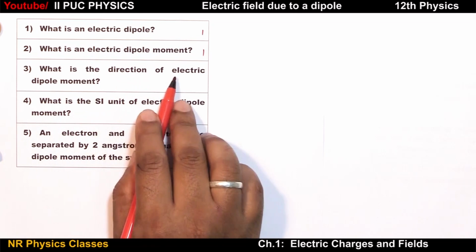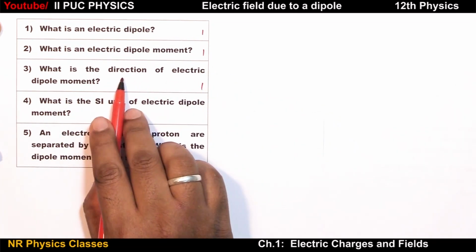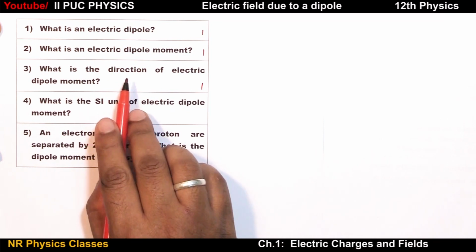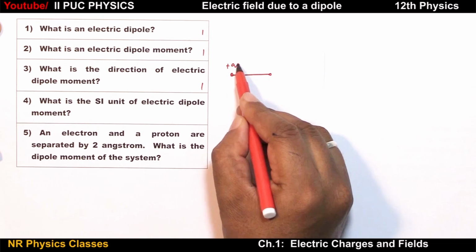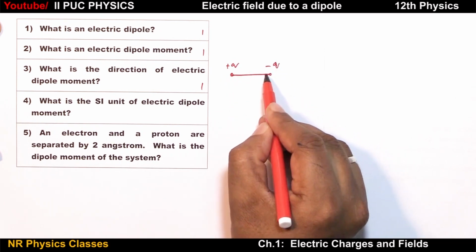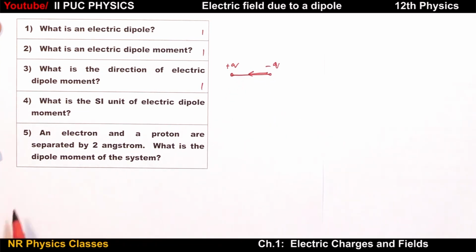What is the direction of electric dipole moment? 1 mark. Direction of electric dipole moment is from minus q to plus q along the line joining the charges.